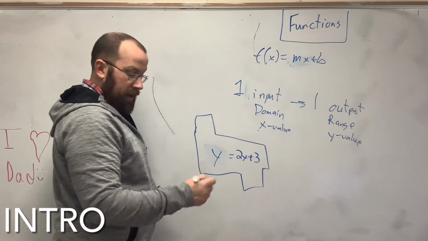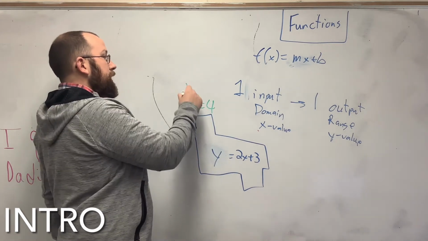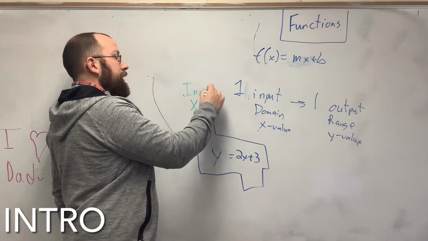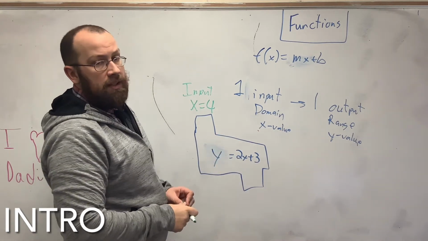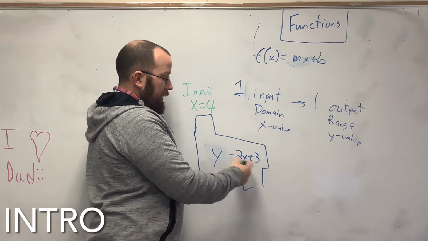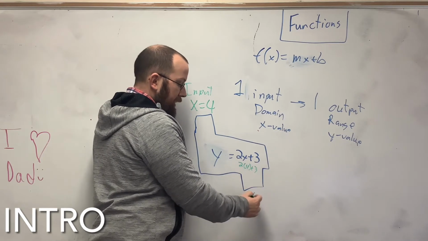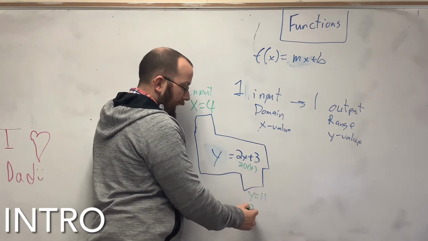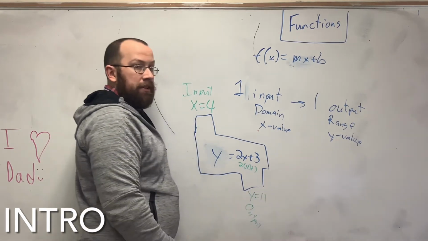Let's say my x equals 4. This is my input. It's what I'm putting into this equation and what I get out. So when I plug 4 in, that gives me 2 times 4 plus 3, so that gives me 11. This is my output. Y equals 11 is my output.